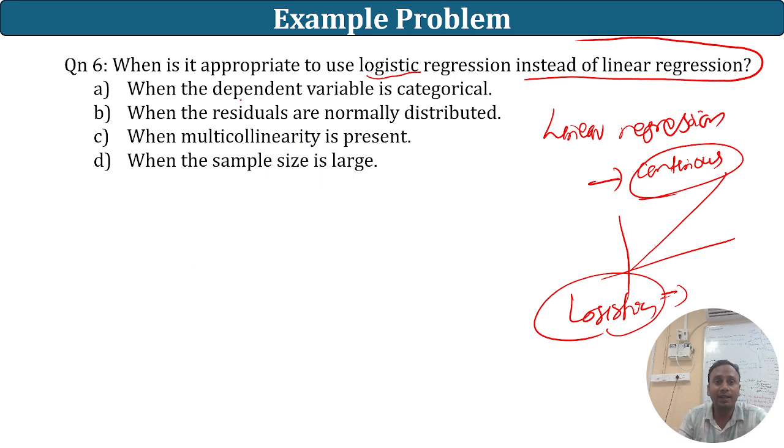So when the dependent variable is categorical, either 0 or 1, yes or no, spam or not.